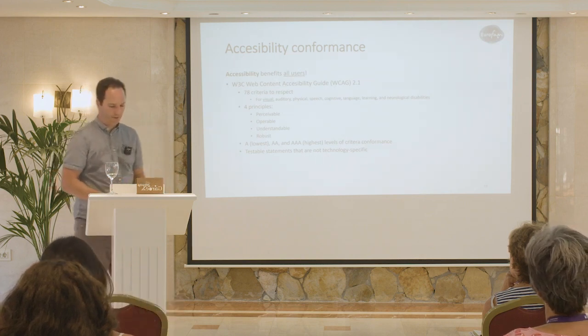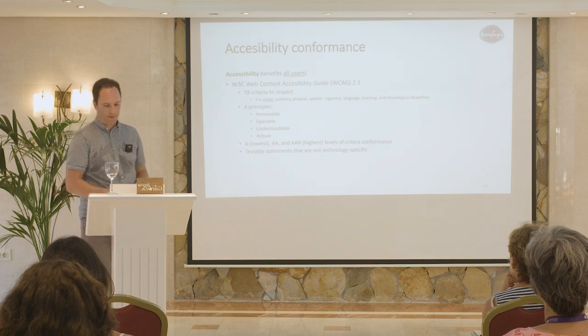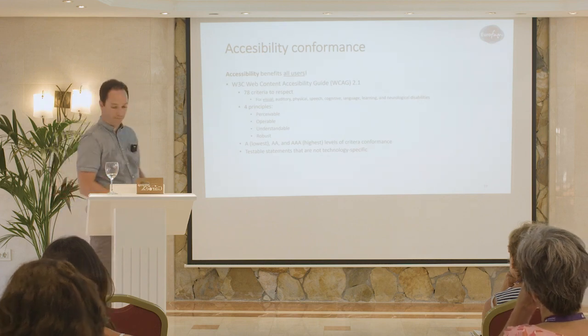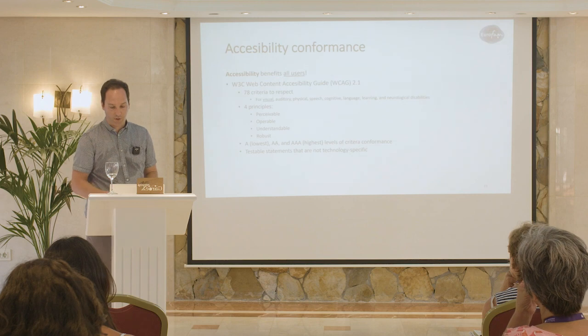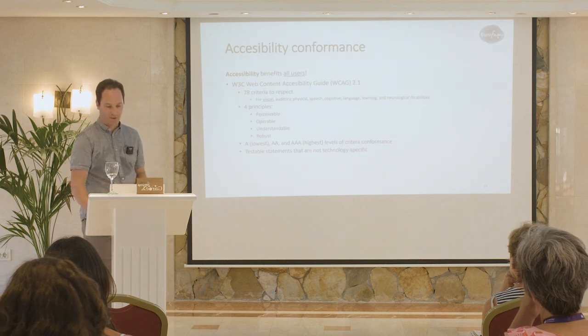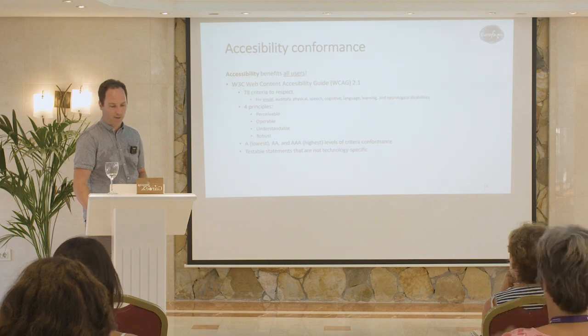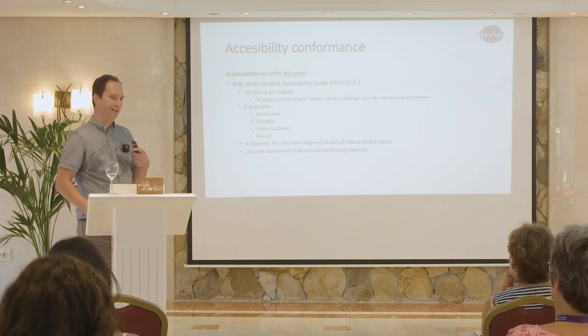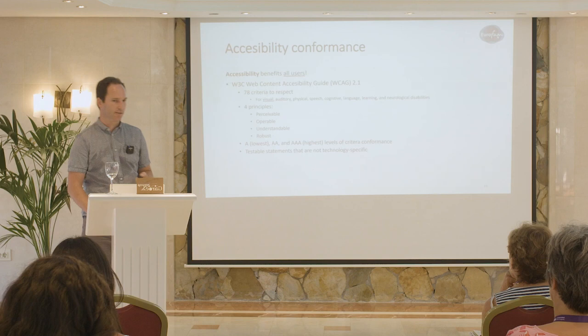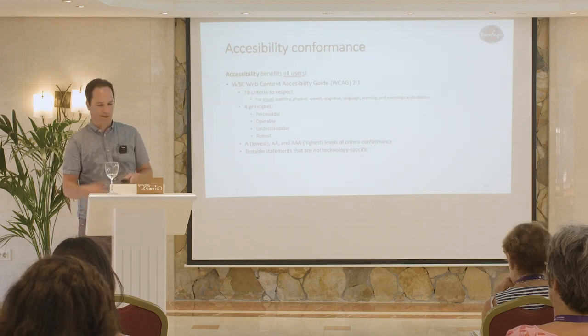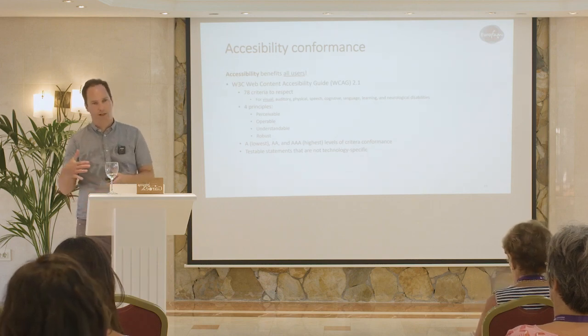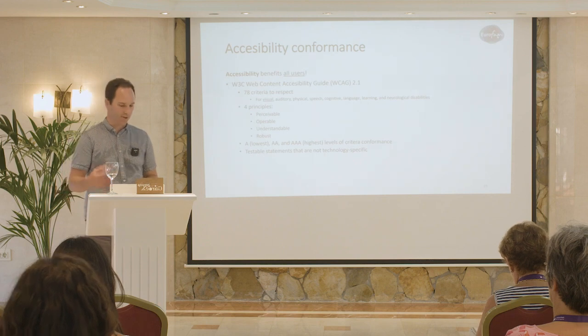And it's founded on 4 principles: information and user interface components must be perceivable to users by their own senses. Of course, users need to operate by interaction, but in some cases they perhaps cannot, and they need some specialized tools, but the interface has to allow them to use this.